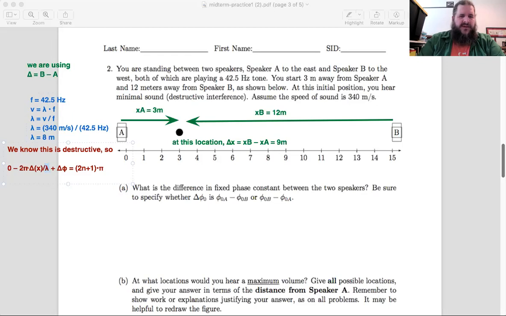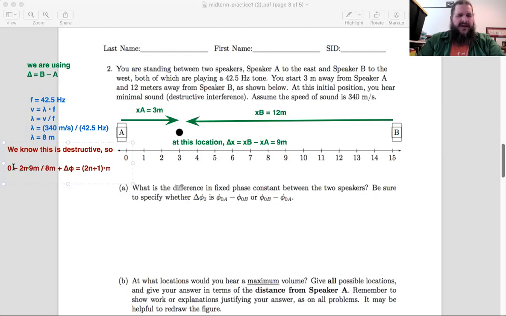We now know the wavelength, 8 meters, and also what delta x is. It looks like that's going to be 9 meters. Because we subtracted xb minus xa, 12 minus 3, that's 9 meters.